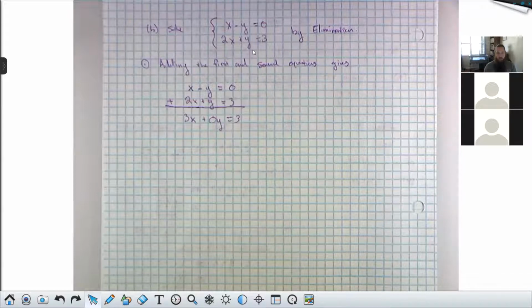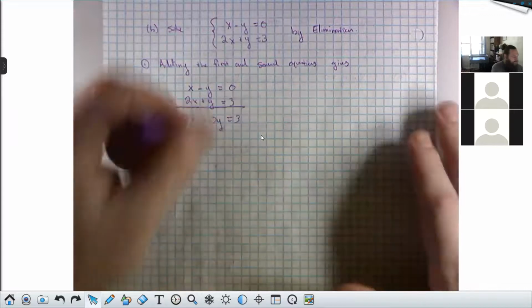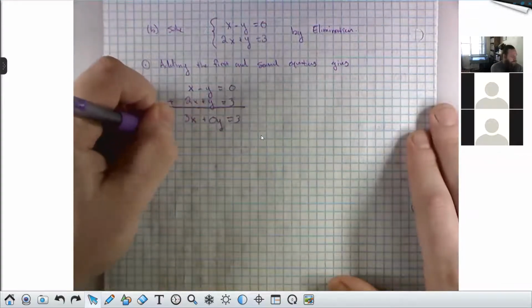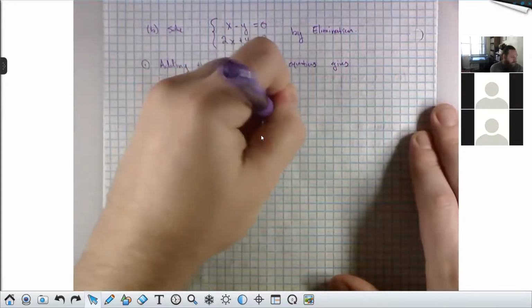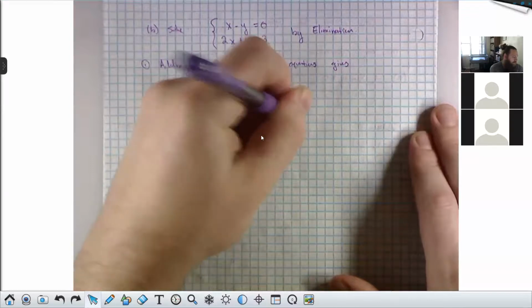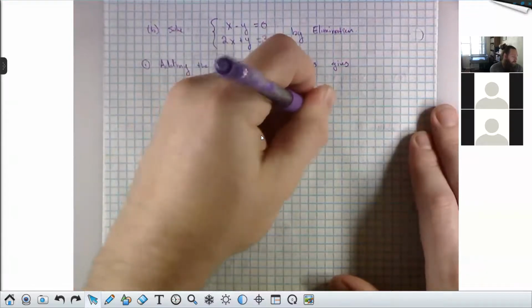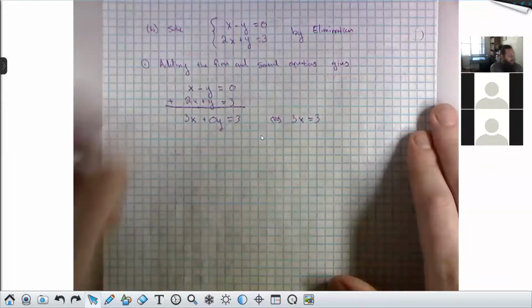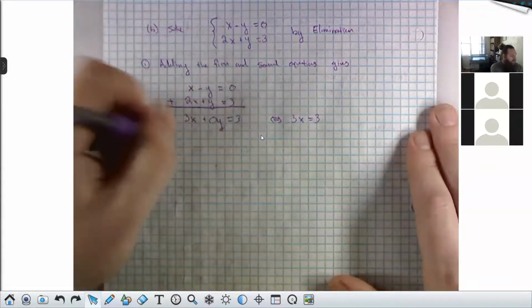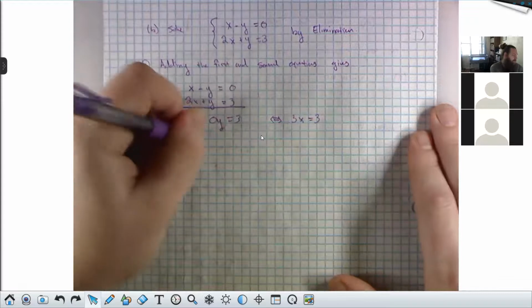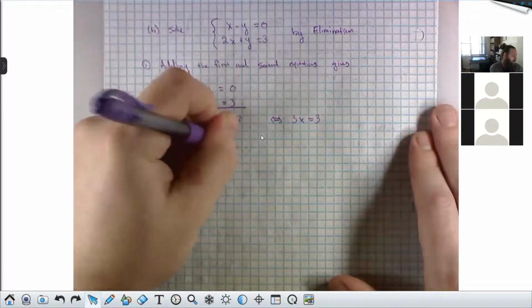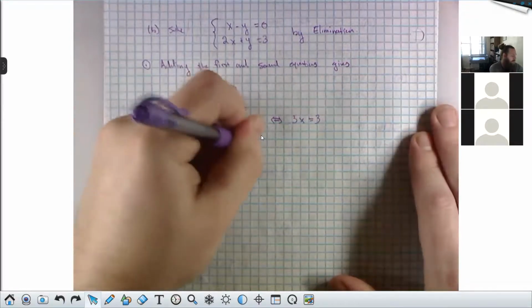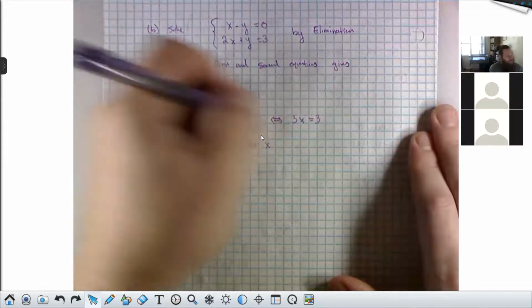And the nice thing about this is that the y's go away. This just says 3x equals 3. So this is equivalent to just saying 3x equals 3. And now we solve the result for x.